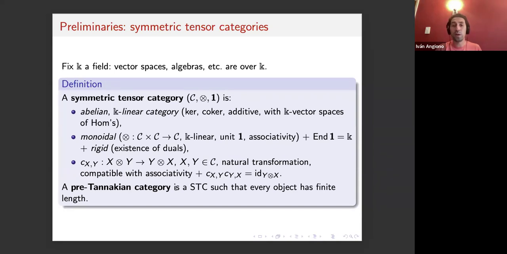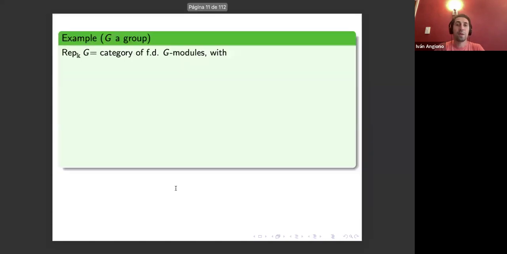And what you want is to have finite length. It means that every object can be written as an iterated exact sequence of finitely many objects, essentially simple ones.